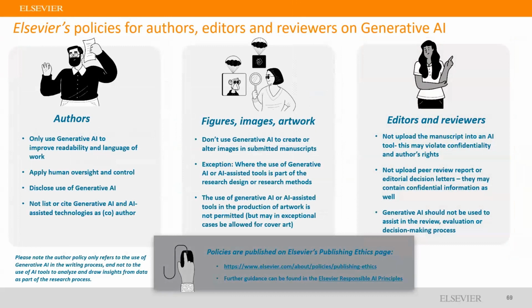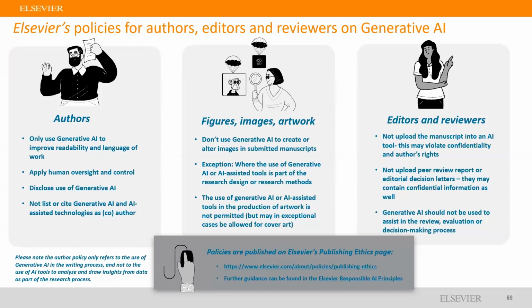Right now, authors may only use generative AI to improve the language of their paper, which I think, once again, is the best use of this tool right now. Make sure that you clearly acknowledge that you used ChatGPT, for example, in the acknowledgement section. Gen AI can therefore not be an author, as I said before.